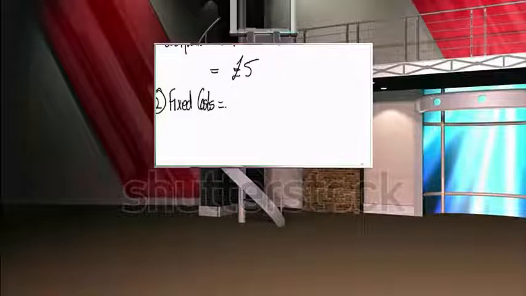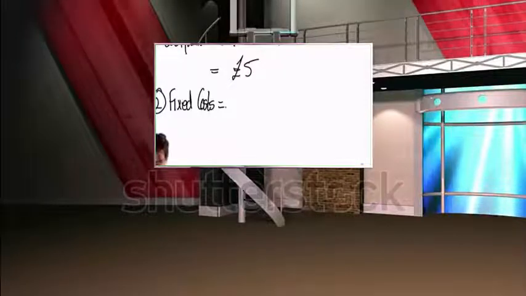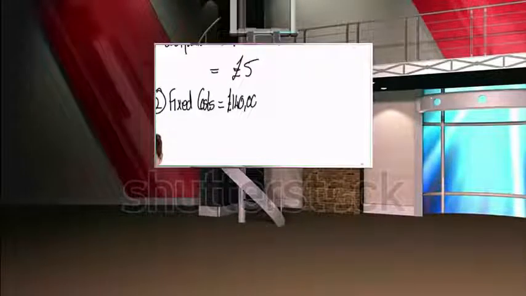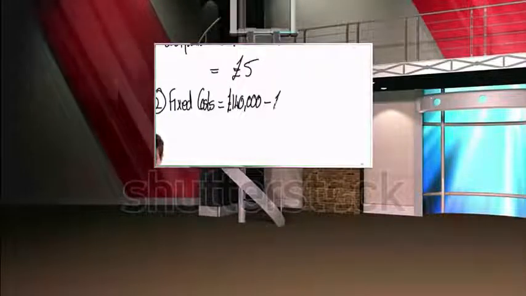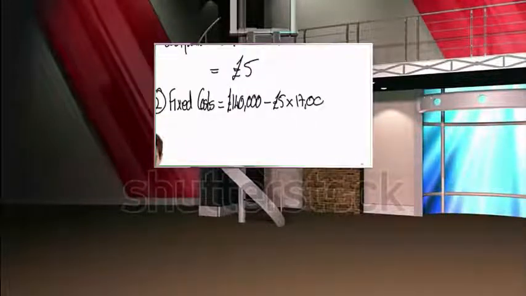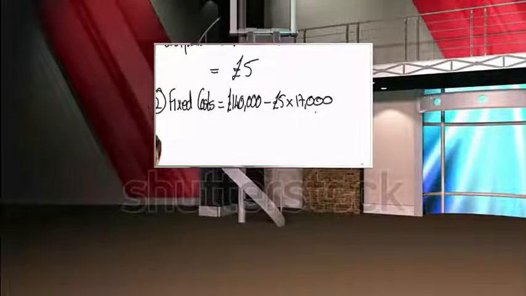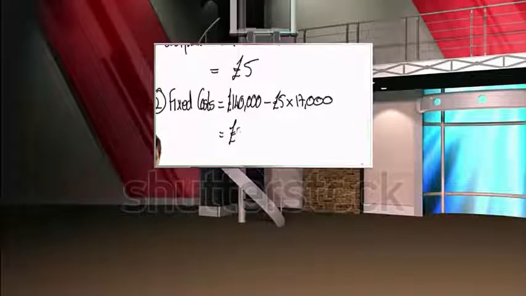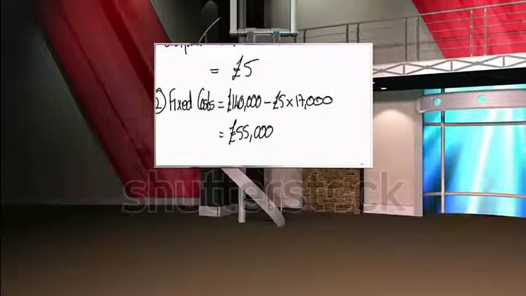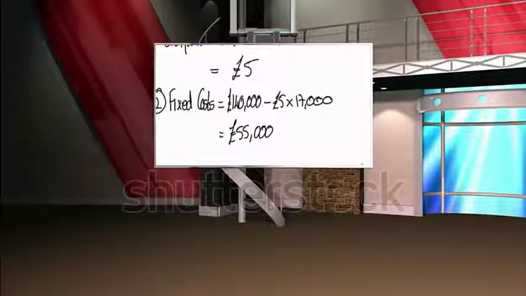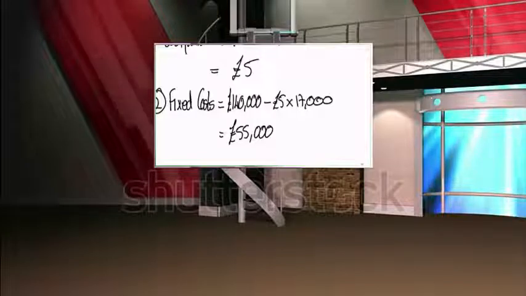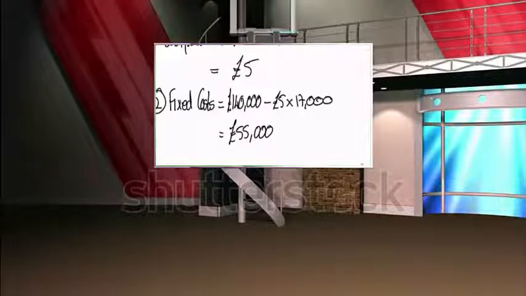So if we look at our low level of activity to calculate our fixed costs, there'll be 140,000 minus our variable cost per unit multiplied by 17,000 units. So our fixed costs are £55,000.